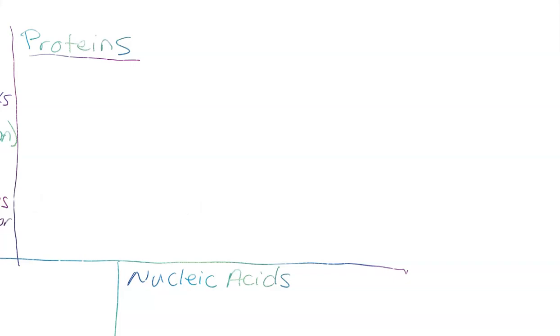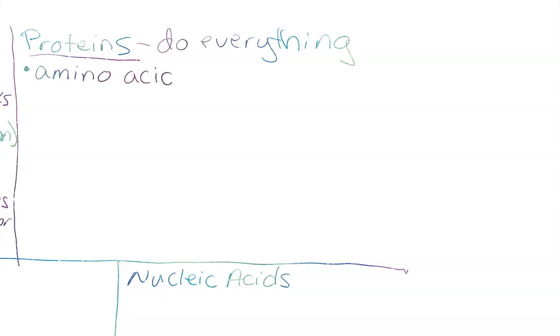Proteins do everything. They are made of something called an amino acid, and they are bound together by a peptide bond. Let's draw an amino acid here.